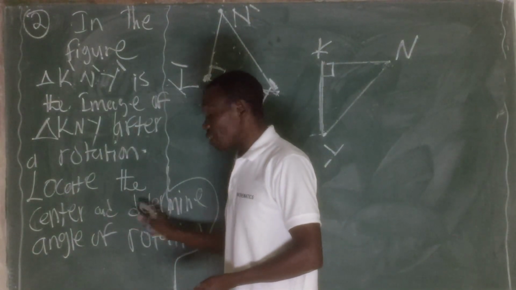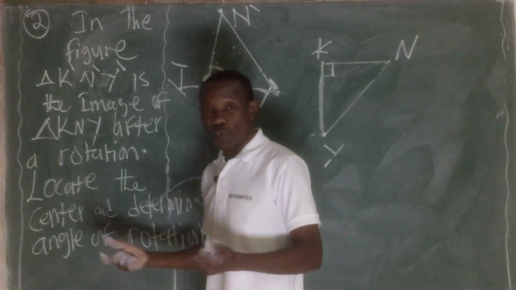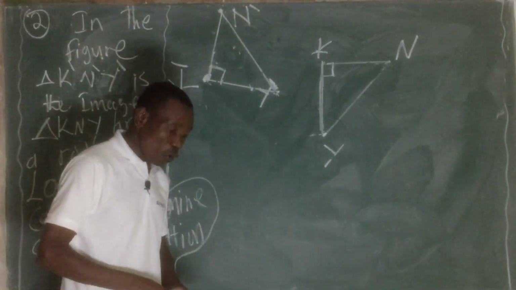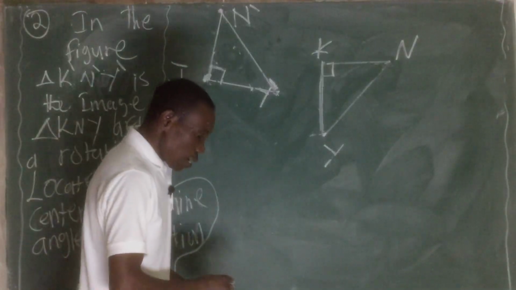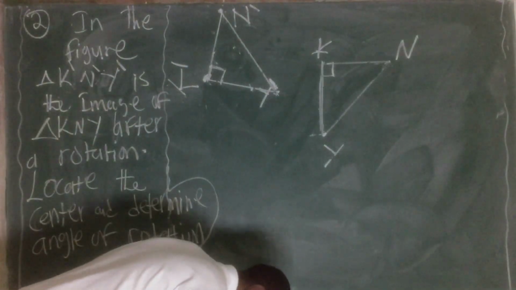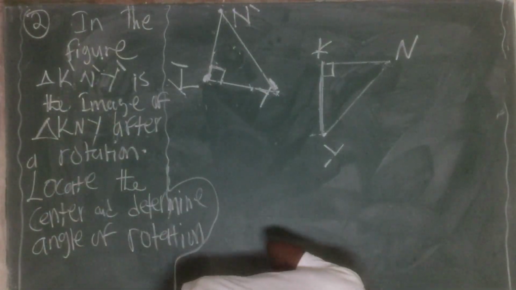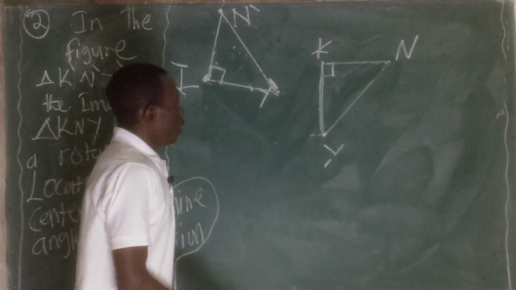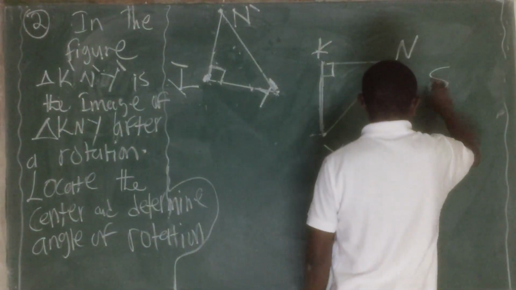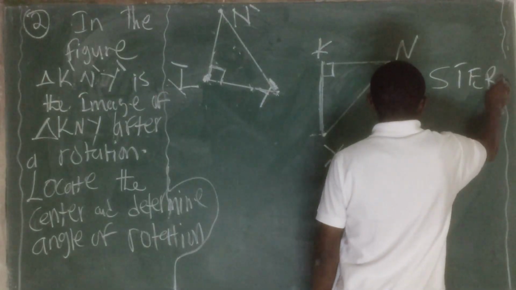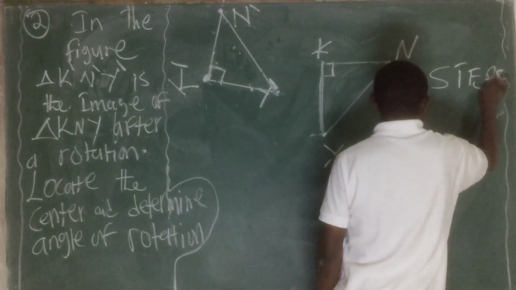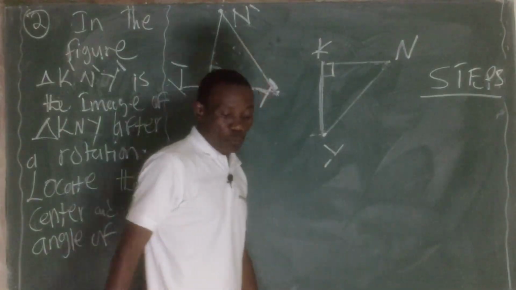That's the center being located, and finally we are going to come up with the angle of rotation. Right, so here we have the first step. Here I'll have my steps used for explanation.